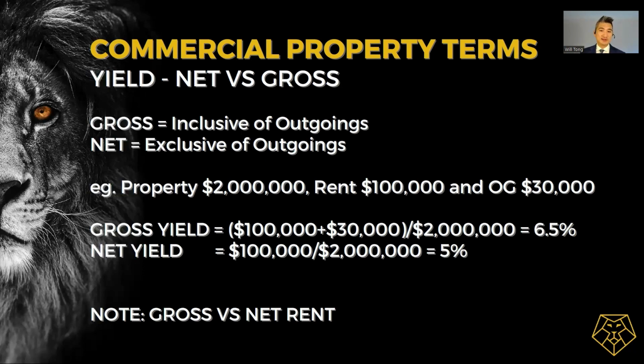Okay, so if the tenant has agreed to a net rent lease or net rental structure, then yes, what they do is they'll pay you, the landlord, the agreed rent, and they'll be responsible for the outgoings as well. However, if you've agreed to a gross rental structure, then all they're going to do is pay you the rent, and then you're responsible to pay the outgoings. So it's very important to understand the difference between the two. And when you are going through a lease document, make sure you identify whether it's a gross lease or a net lease structure.